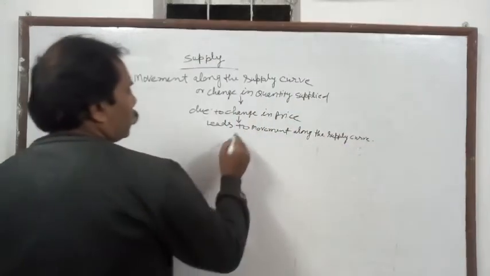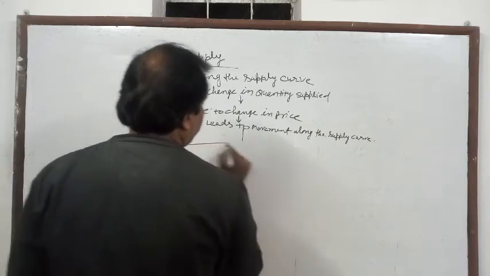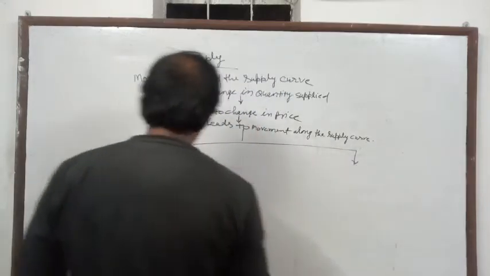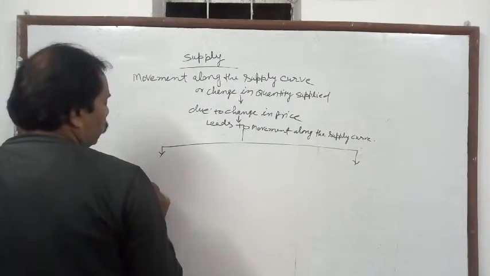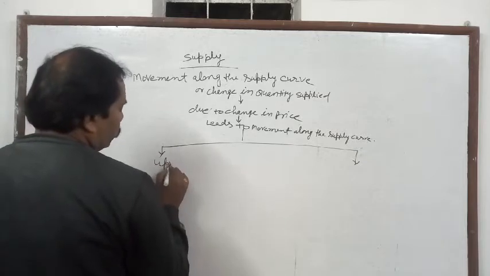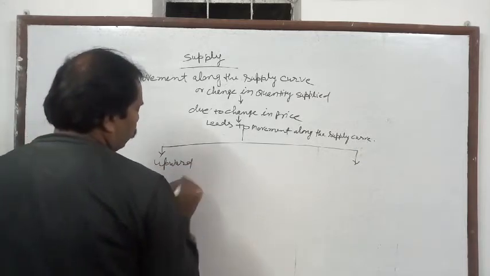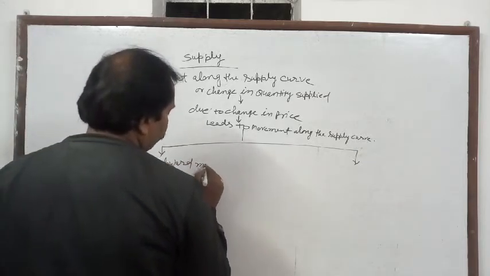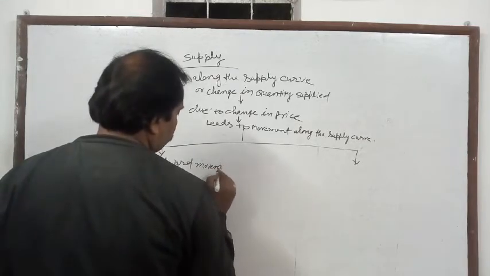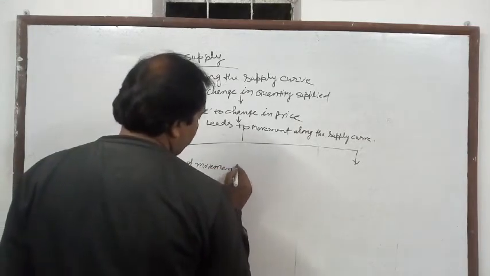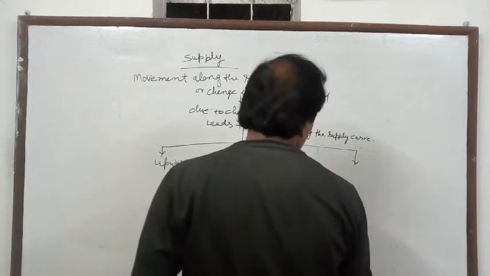There are two kinds of movement. One is known as upward movement and the other is known as downward movement.